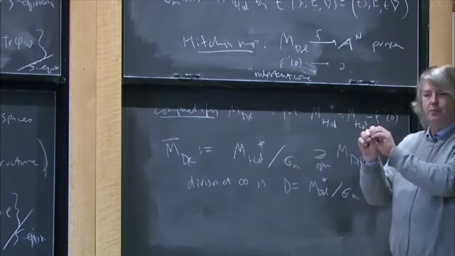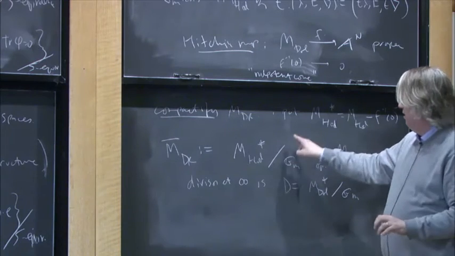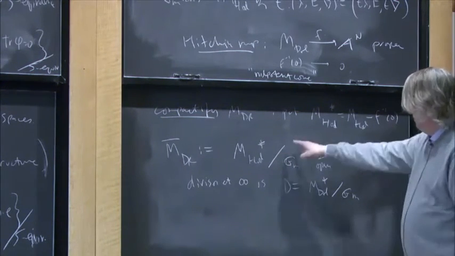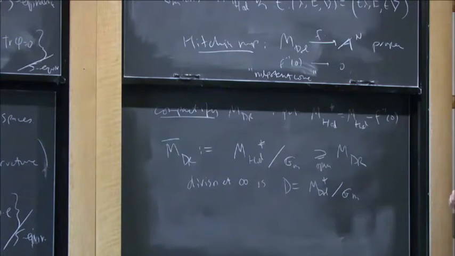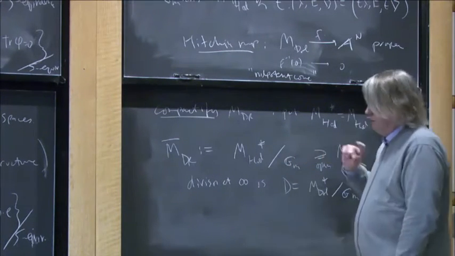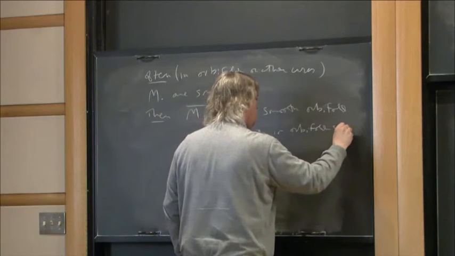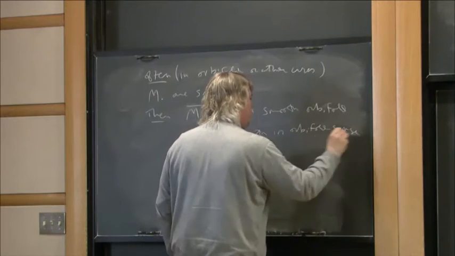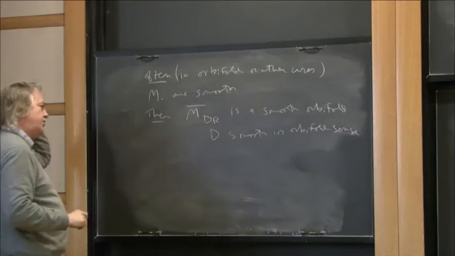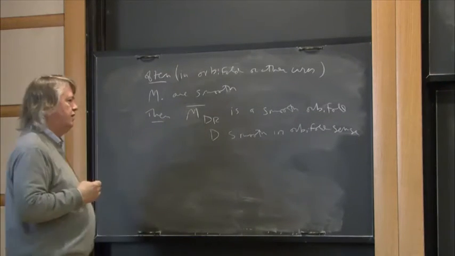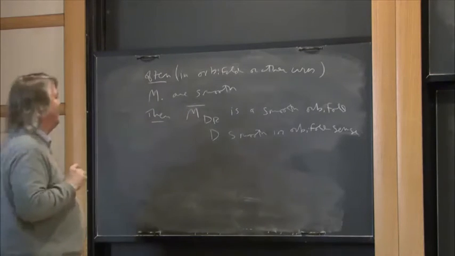Those points will give conic points if you just try to take the GIT quotient here. But if you take an actual quotient, the orbifold, we still get a smooth guy. So the compactifying divisor in this picture is just some smooth divisor. So it looks like it might be nicer.